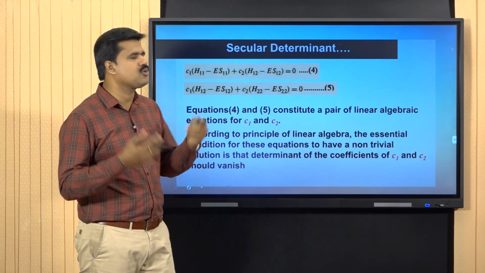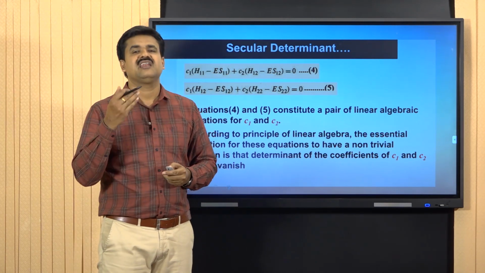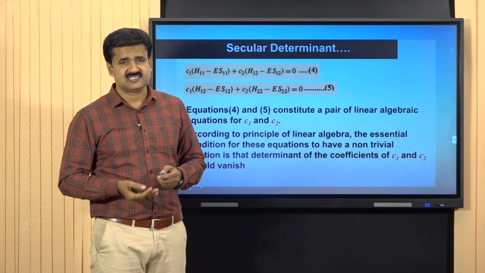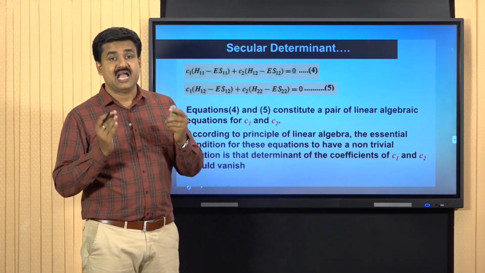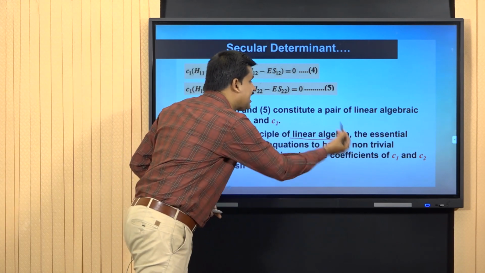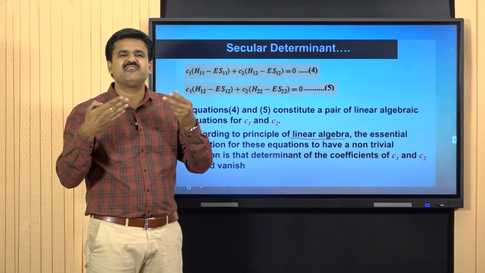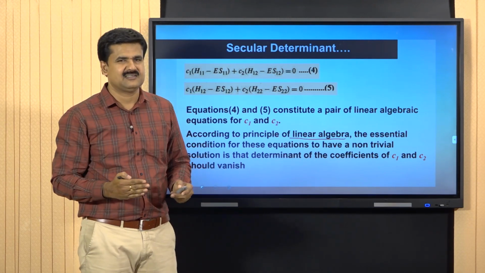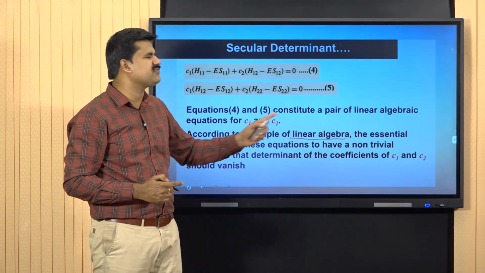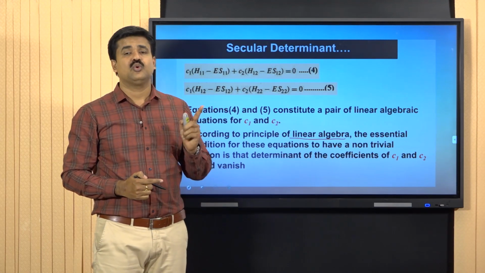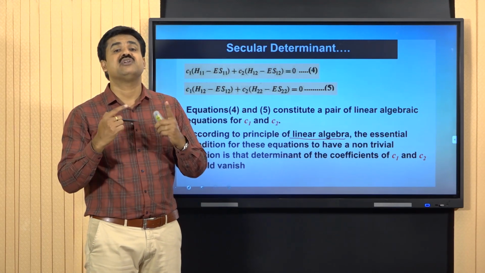Equations 4 and 5 constitute a pair of linear algebraic equations in C1 and C2. According to the principle of linear algebra, the essential condition for these equations to have a non-trivial solution is that the determinant of the coefficients of C1 and C2 should vanish.